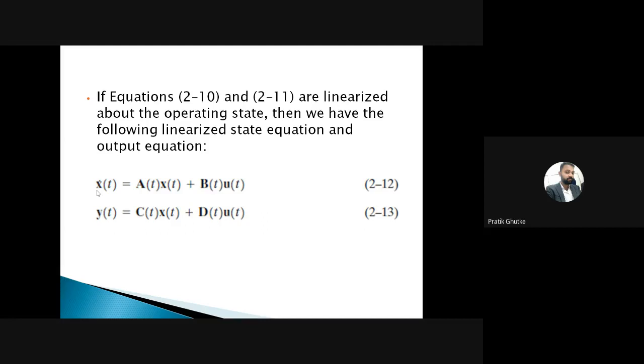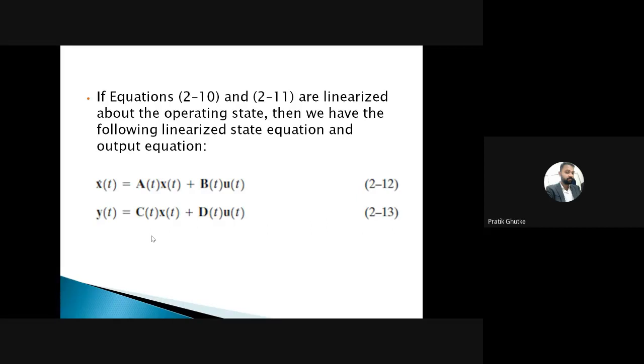In short, you can also write x dot of t equals A x of t plus B u of t, and the output equation y of t equals C x of t plus D u of t. These A, B, C, D are matrices. They can be 3 by 3 or 2 by 2 matrices. A and B are your input matrices, and C and D are your output matrices.